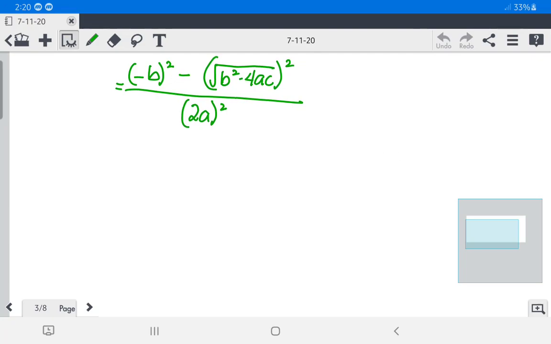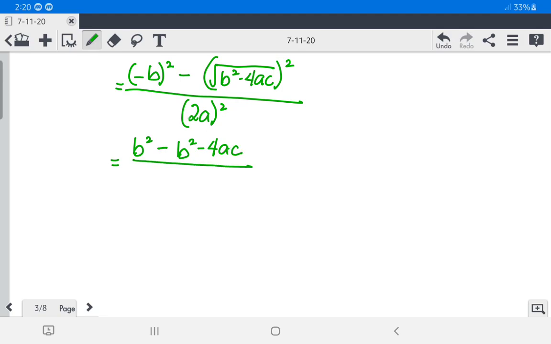Next, negative 1 squared, that is 1. Then b squared minus, so square root of b squared minus 4ac squared, that is b squared minus 4ac over 2 squared, we have 4, then a squared. Then, let us now combine similar terms. We have b squared minus b squared. You can cancel this. We have 4ac over 4a squared.